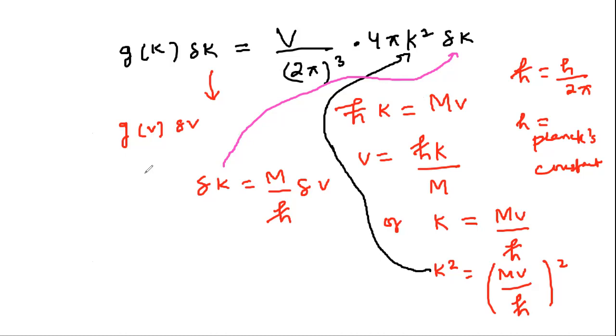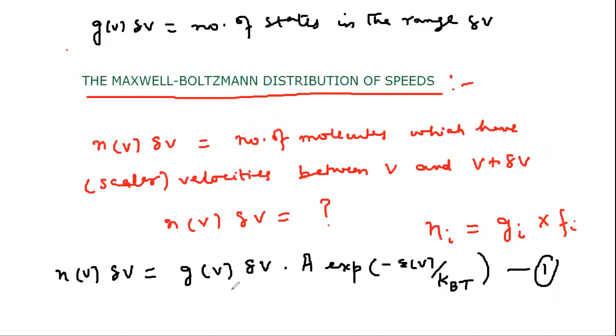Once you do that, you put it here, G of V delta V. Then you have to put for A. What's our A?